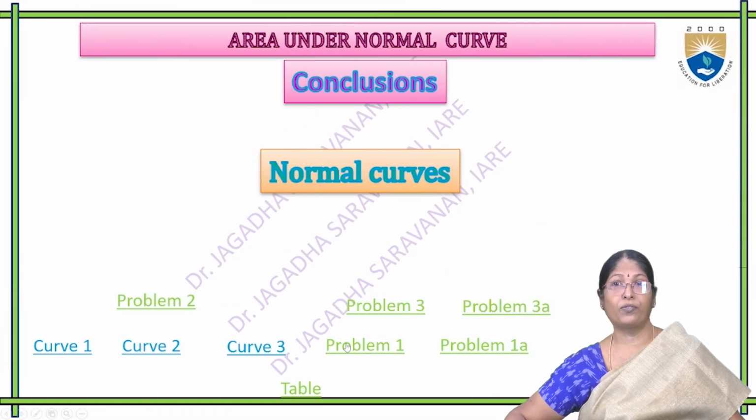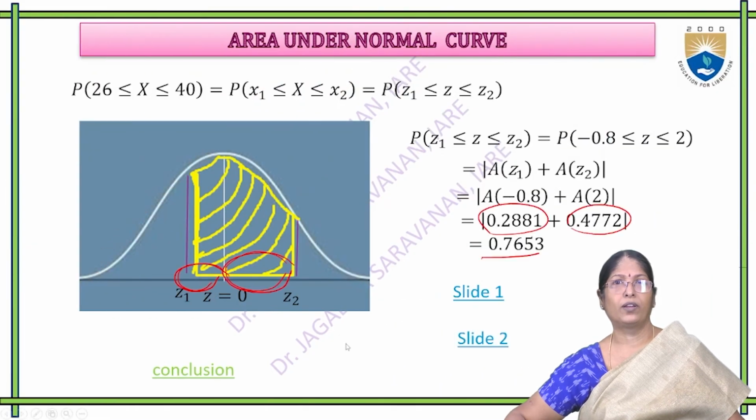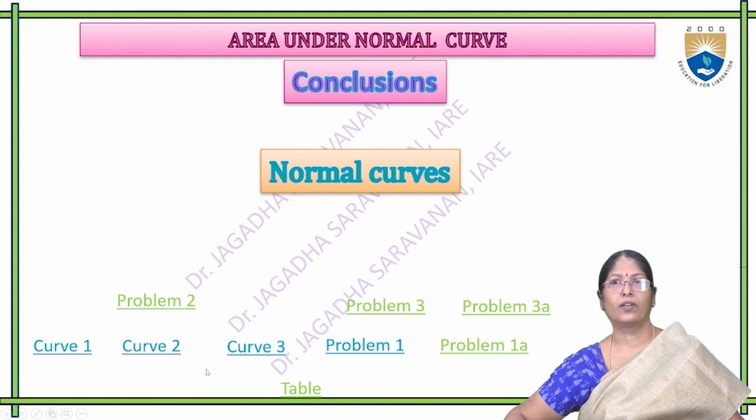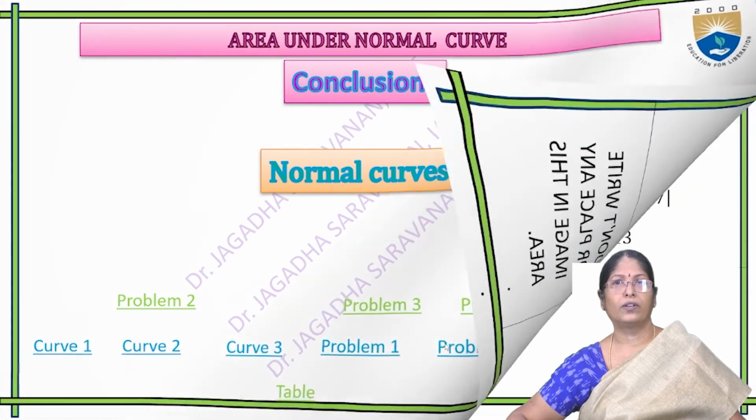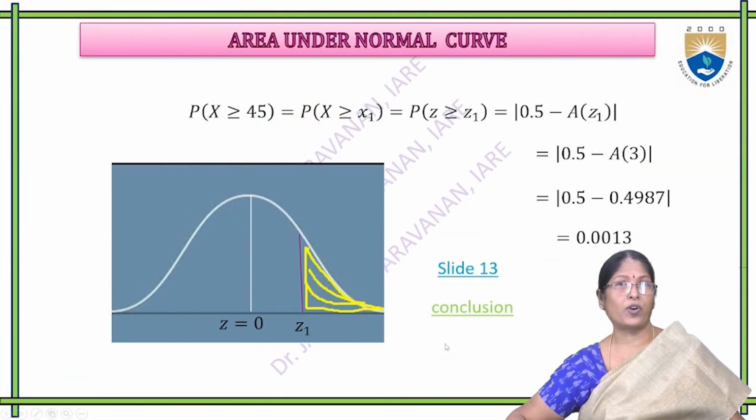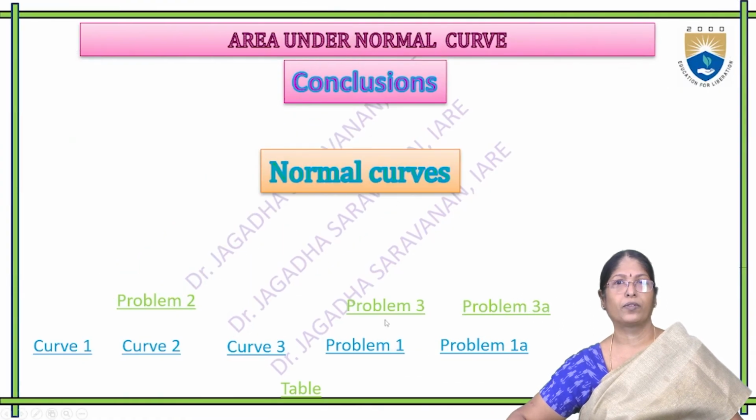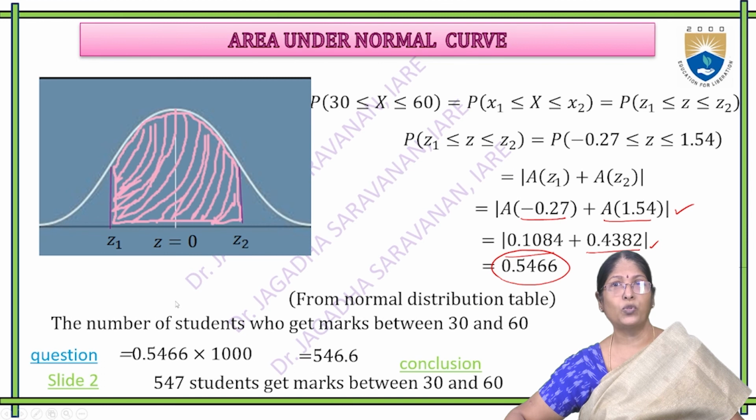And we move to the first problem, that is X lies between 26 and 40, and X is greater than or equal to 45. How to deal with it? The second one, X lies between 30 and 60, but it is a very different one. That is 1000 students. The result should be multiplied by 1000.